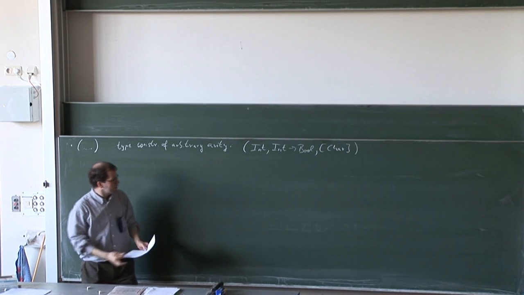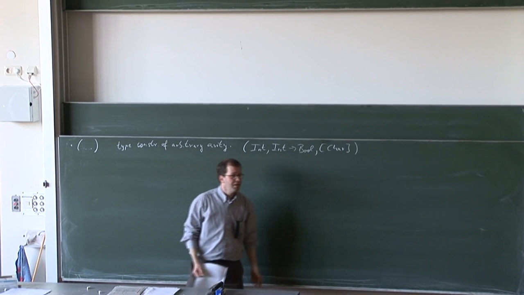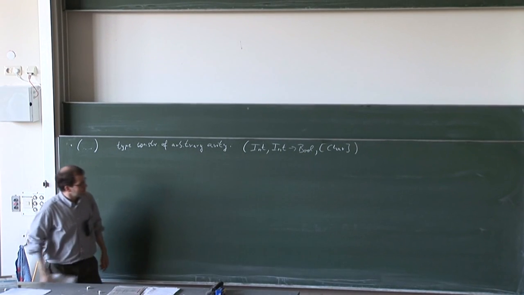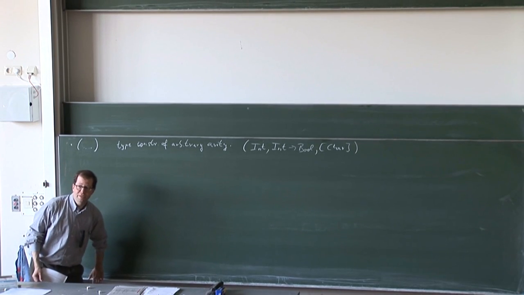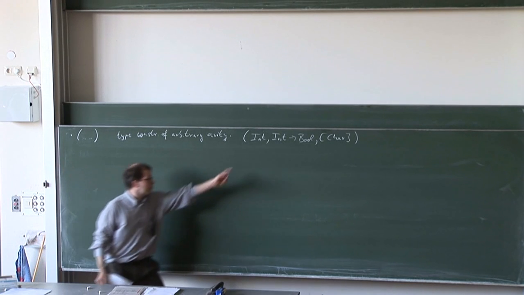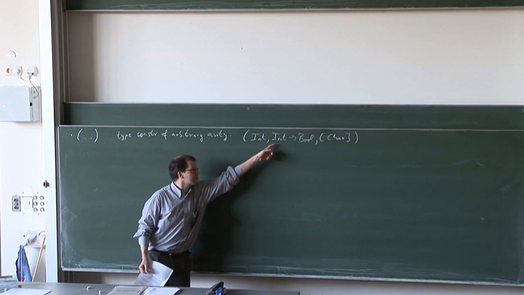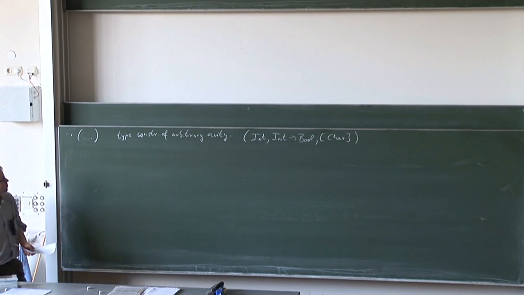Here you can see we have 3 input types, and by putting them between round brackets and writing commas between them, we have a new type. This is the type of tuples with 3 components, where the first component is of type int, the second is a function from int to bool, and the last one is a list of characters.